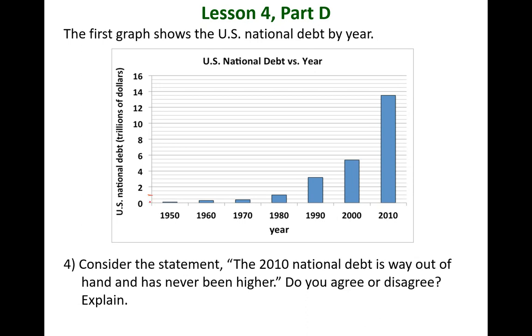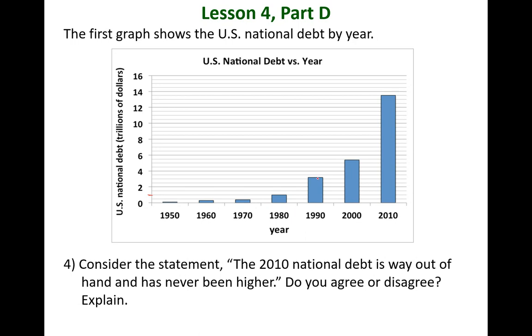It wasn't even half of a trillion. In 1960, it was still below half a trillion. In 1970, it looks like it was probably right at half a trillion dollars. By 1980, it's about 1 trillion.